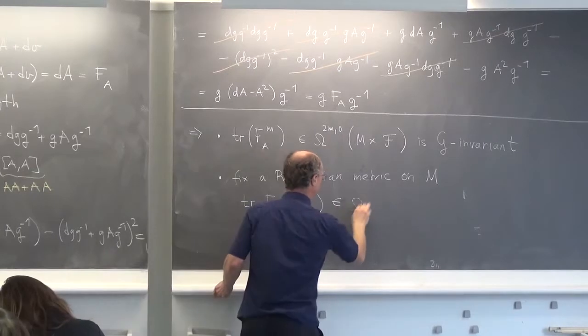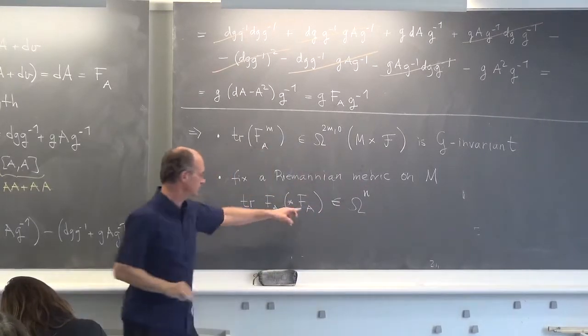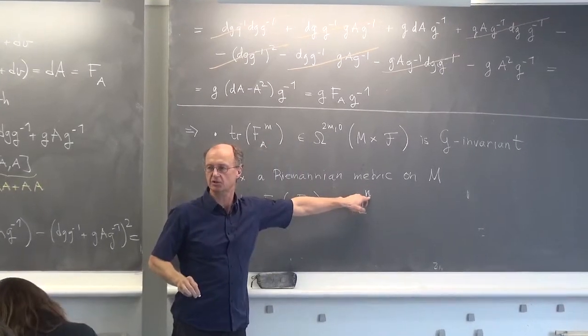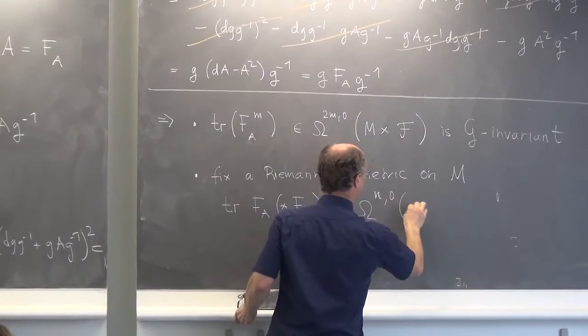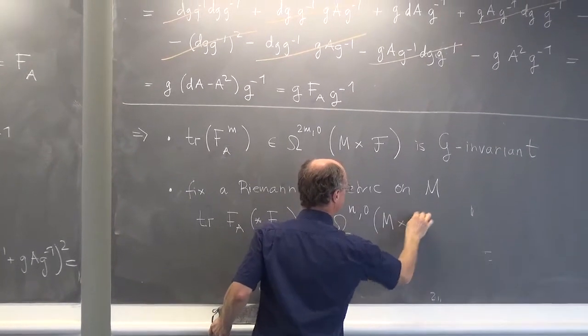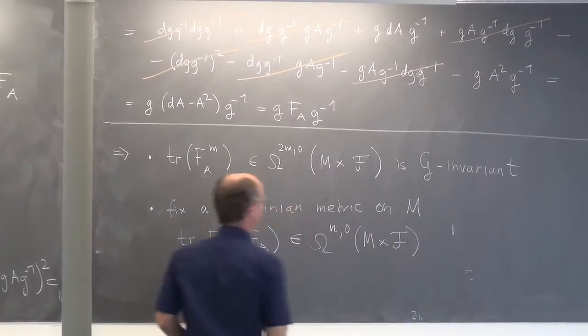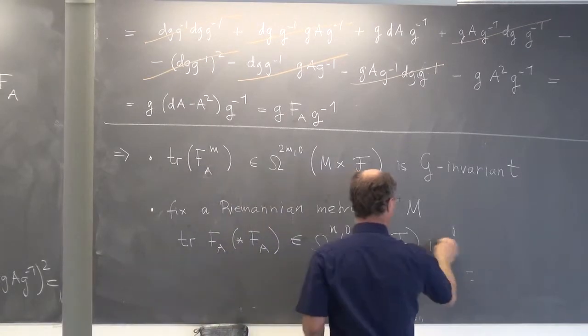This will be in Omega^n, where n is the dimension of the manifold M, of M cross the space of fields, and is also G invariant.